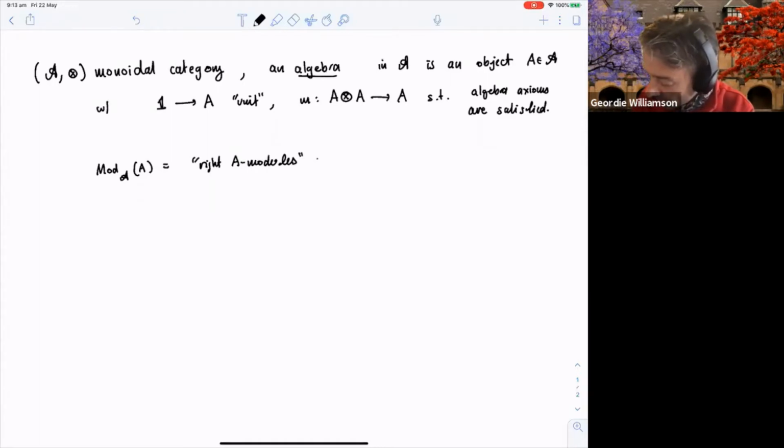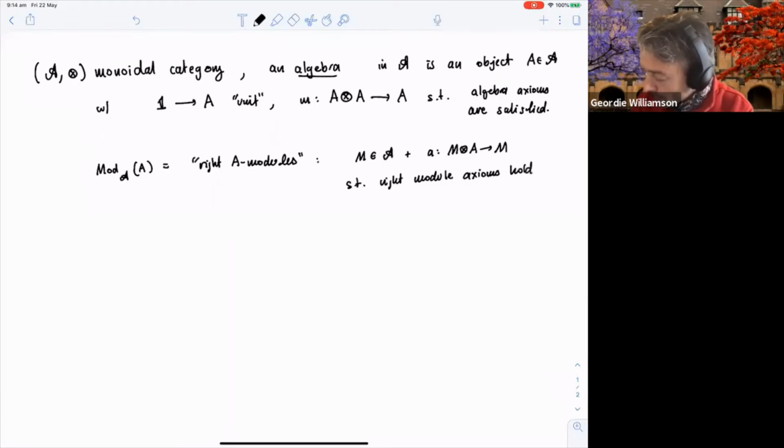So this is M, an object of the category, plus an action map such that the right module axioms hold.